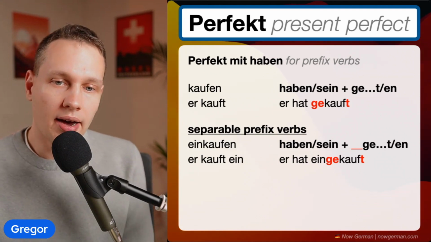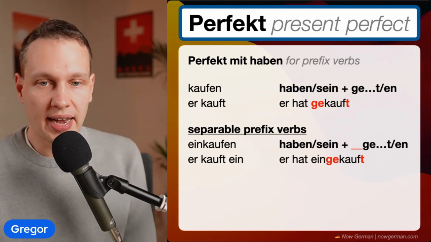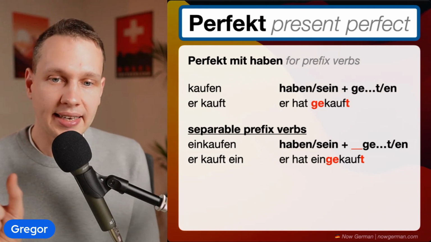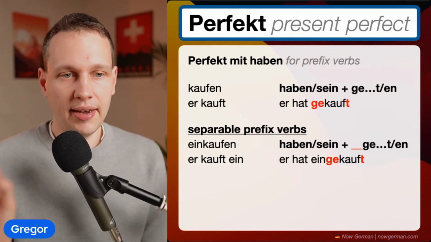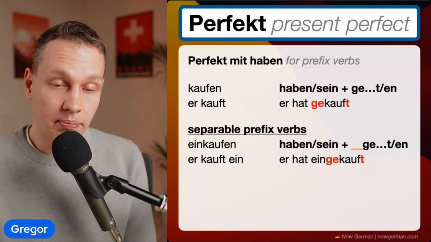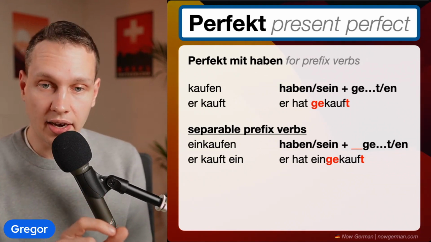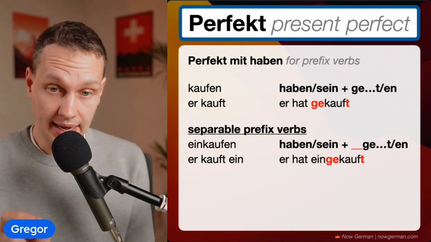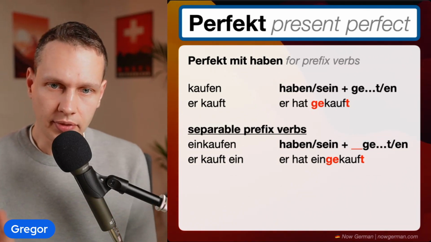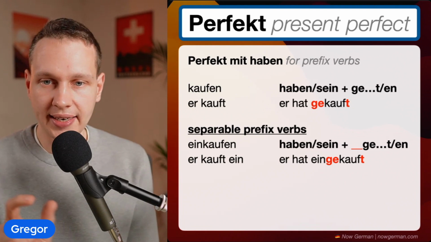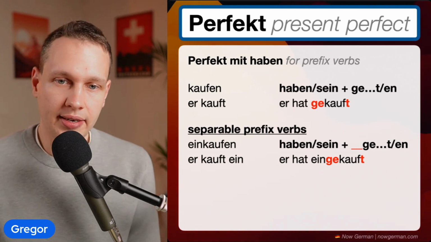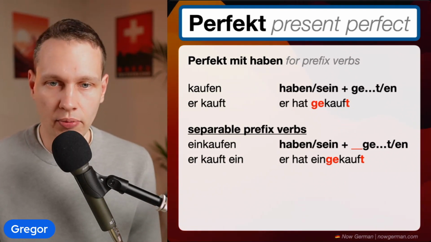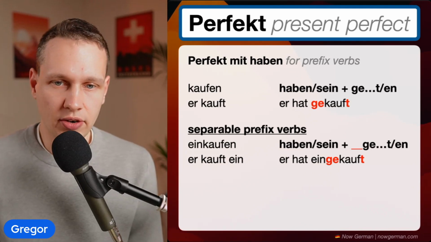And here the past or the Partizip 2 then is eingekauft. So the ge is there, but it doesn't go to the very beginning of the verb, but instead it goes between ein and kauft. So after the prefix, we get eingekauft. And in this case, we see it's a regular verb, but with the prefix, it looks like this.